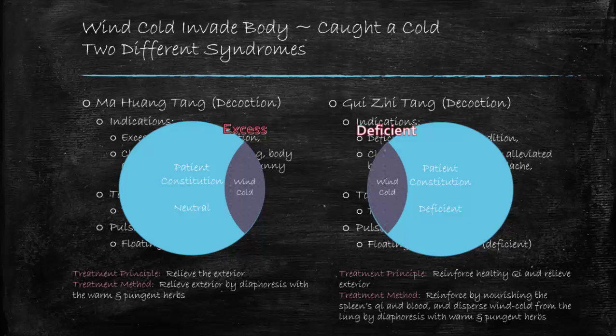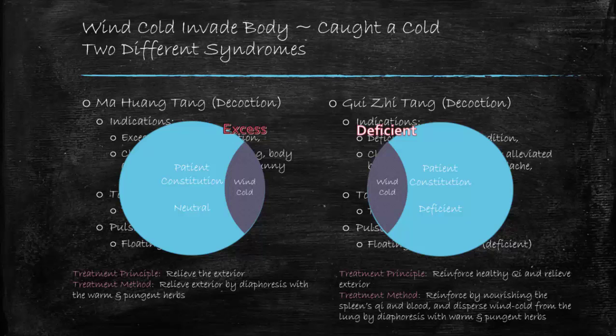And when you mix a very complex body constitution with very complex pathogenic factors, you're going to have many variations of syndromes, and that means you will also have many variations of treatment principle and method.